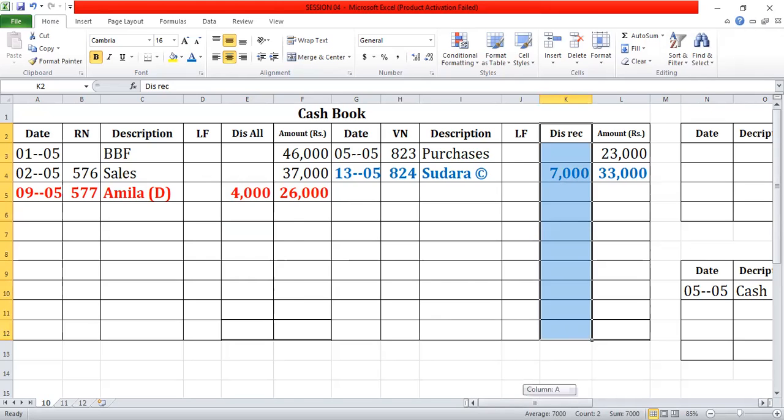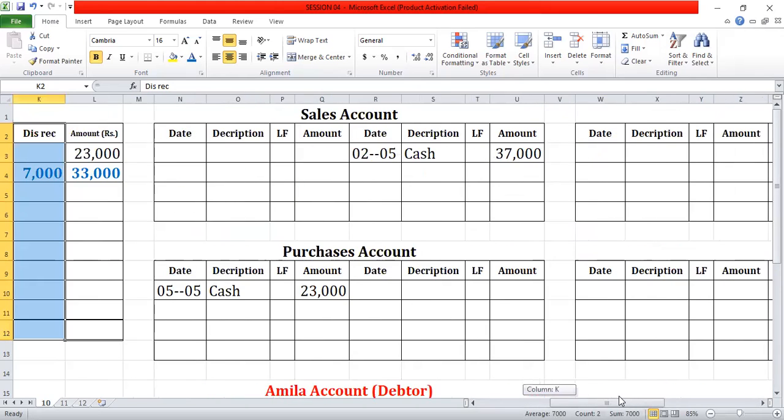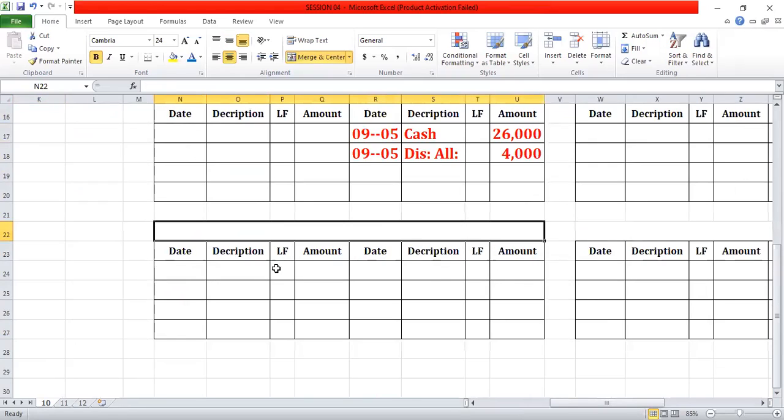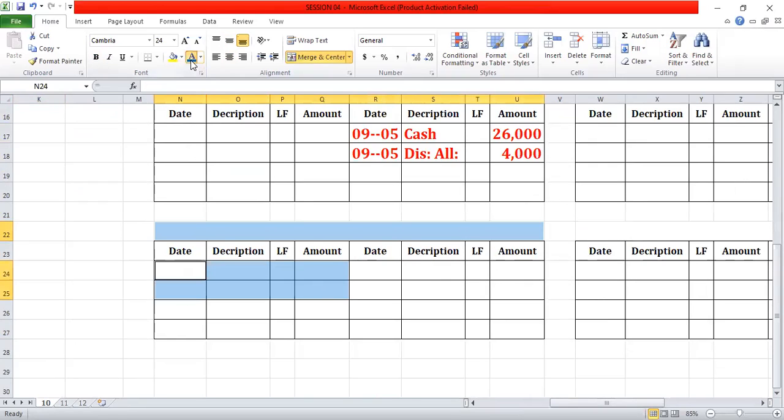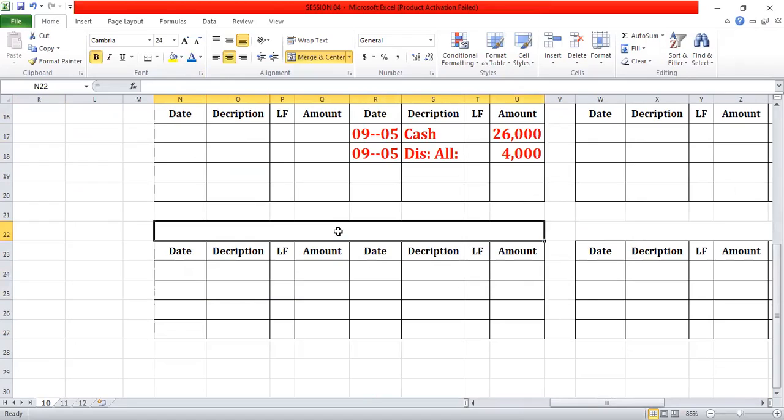Now let's update Sudara's personal account. And remember, Sudara is a creditor. When we pay him, we have received a discount. Let's record it. The date of the payment is 13th of May.